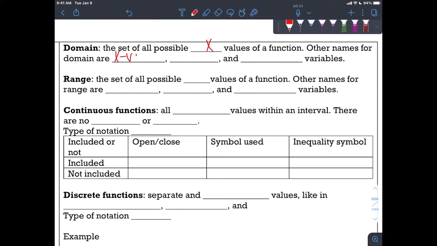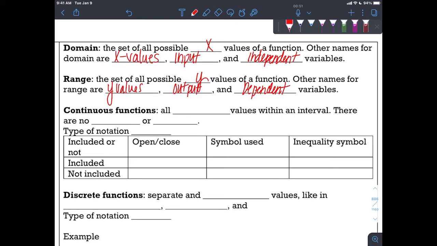So we can also call this x values, my input, and my independent variable. Now, what about my range? This is a set of all possible y values. Other names are going to be y values, output, and dependent variables.